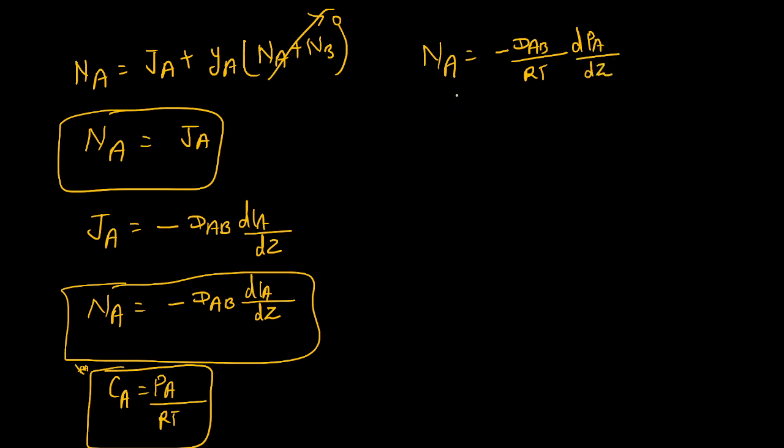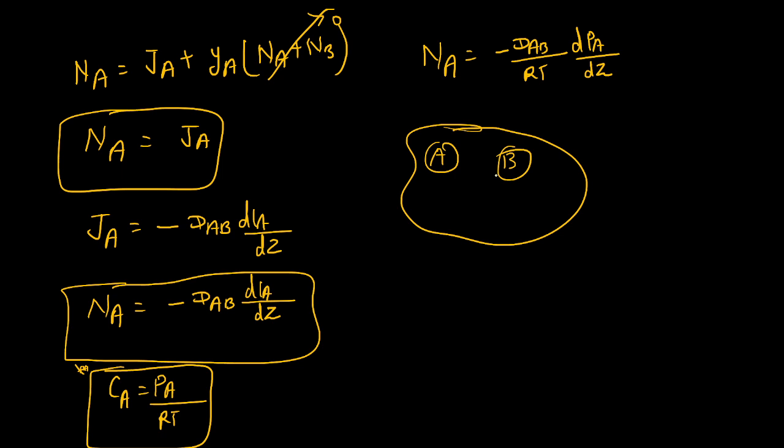Now, since component A and B both are in this system, partial pressure of A will be there, and partial pressure of B will be there. So can I write Ya equals partial pressure of A upon total pressure? Partial pressure of A equals PT into Ya.